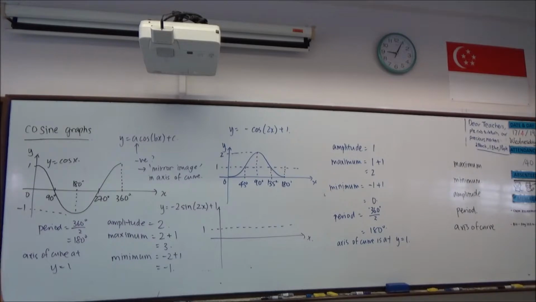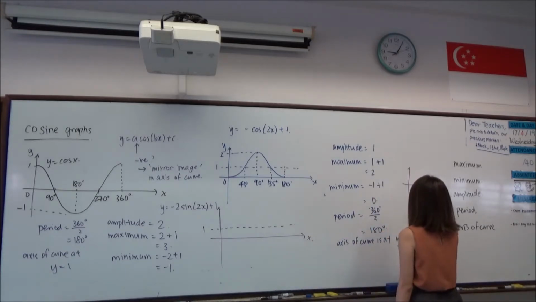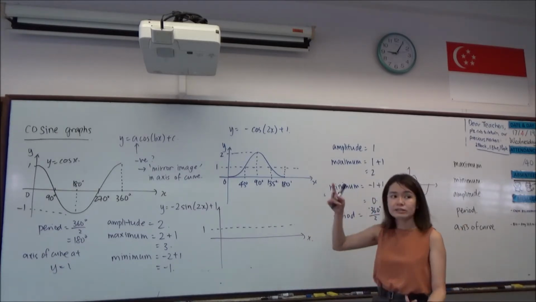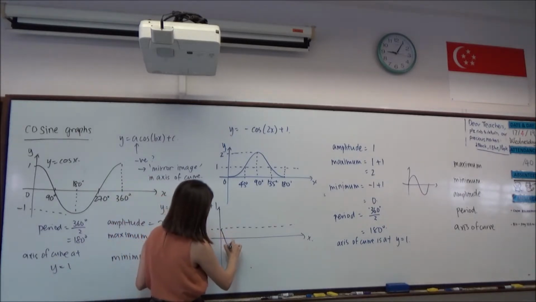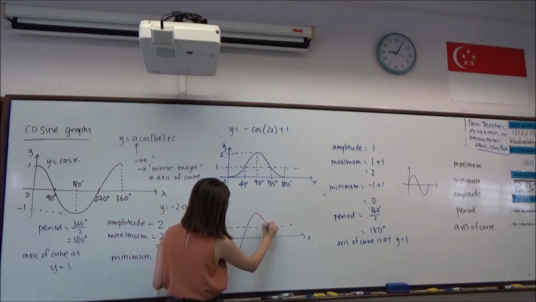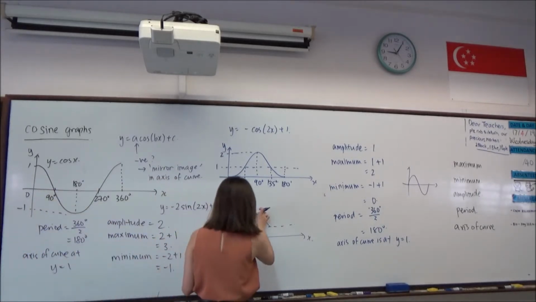Since it is a negative, we know that our sine graph will originally look like that, right? So now there is a flip, an inversion about the axis of curve. So it should go down first before coming up and reaching here. Okay, I think that's a good explanation.